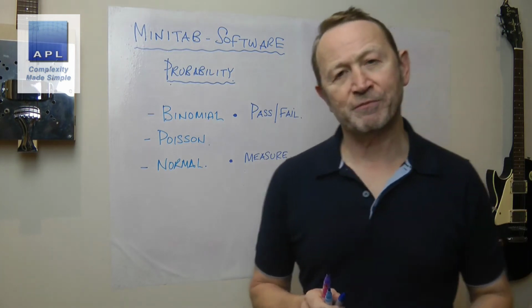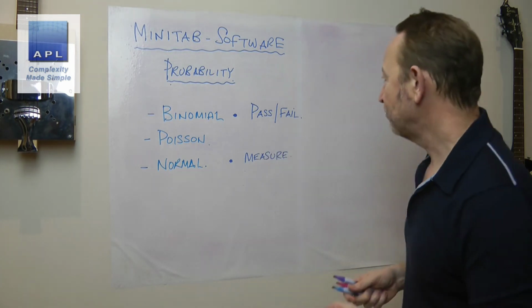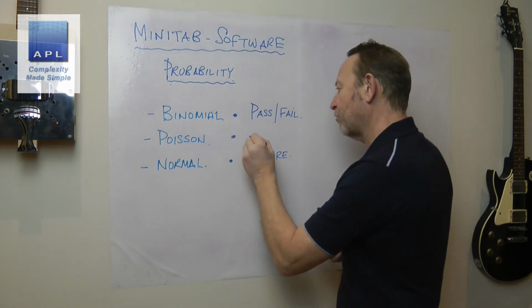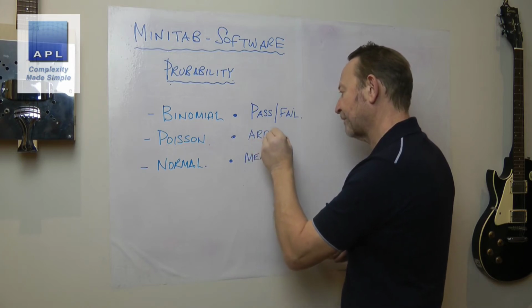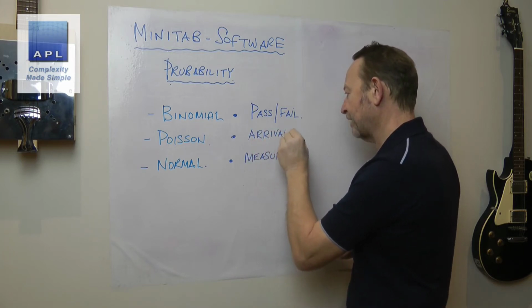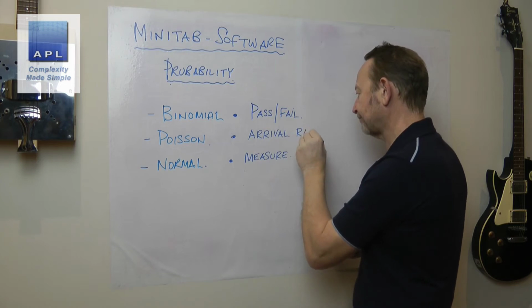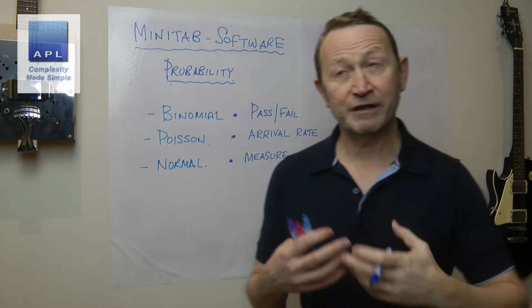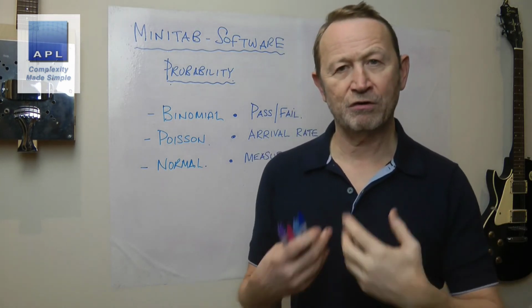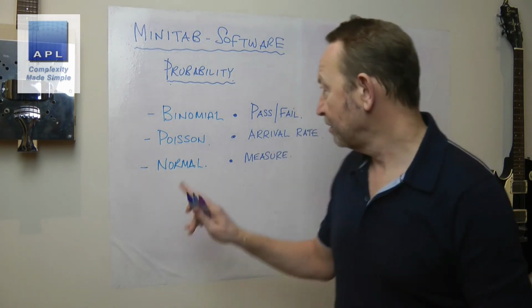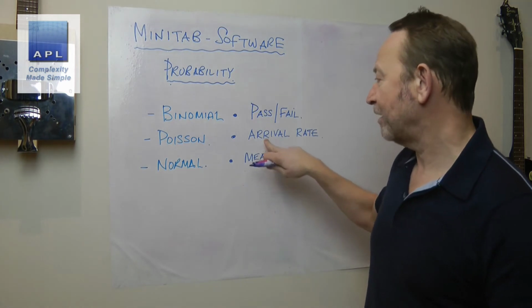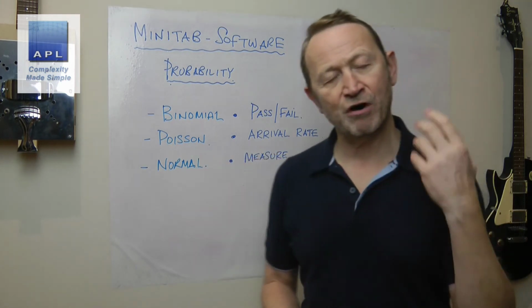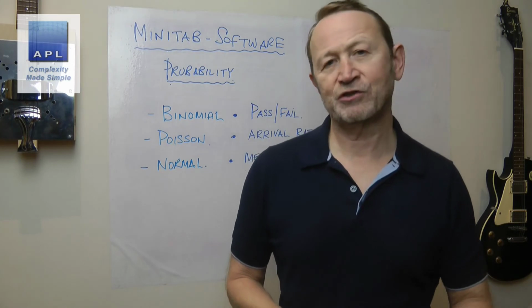The Poisson is a bit more of a special case, but it is about arrival rate. So if you have lorries per hour arriving at a tipping station for municipal waste, that is an arrival rate, and you are creating a Poisson distribution.